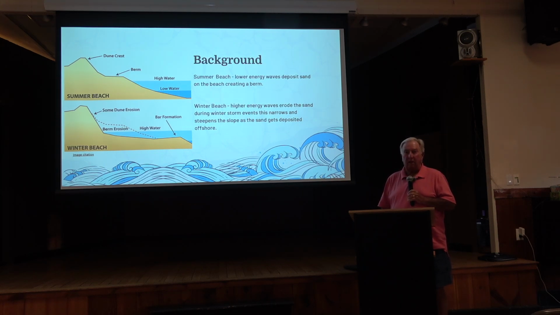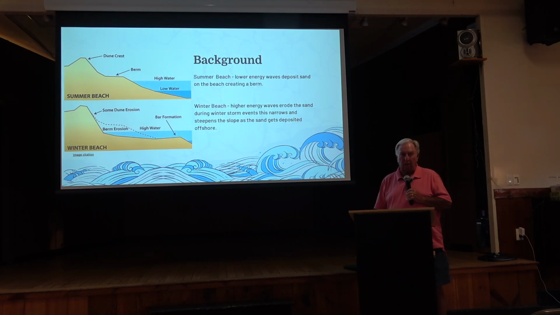The newly deposited sand, of course, piles up, and that's what we call the berm, and that's where you put your towel and so forth. High energy waves occur primarily in the wintertime, but also in various storms. What this does is it works against the beach formation. It erodes the sand, cuts it back, and this usually results in a very steep and narrow beach.